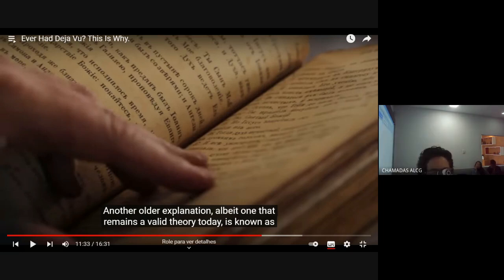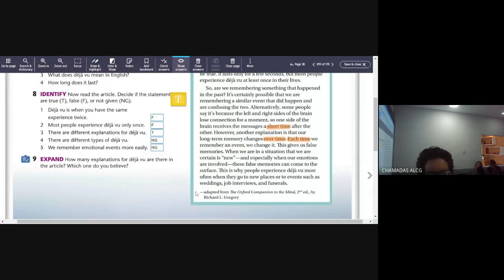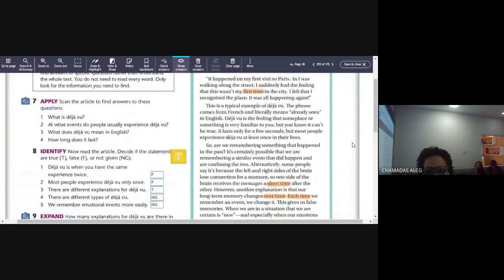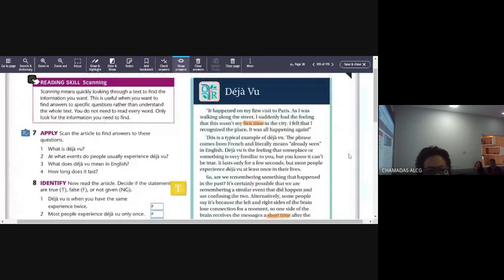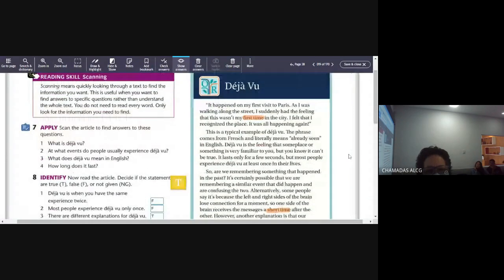But back to our page here in the book, we have this text with a summary of déjà vu. Very simple, okay? But according to what we saw in the video, why do people usually have that feeling? Why does déjà vu happen according to the video and according to the text?